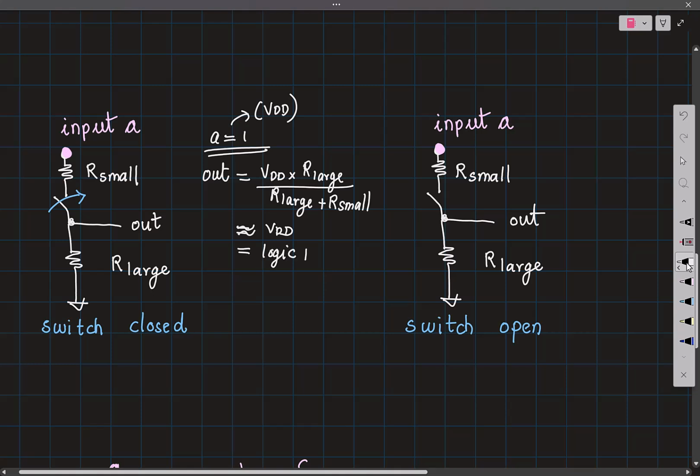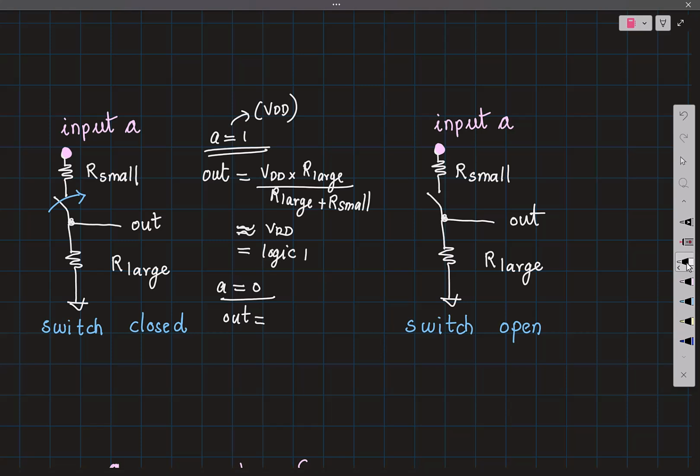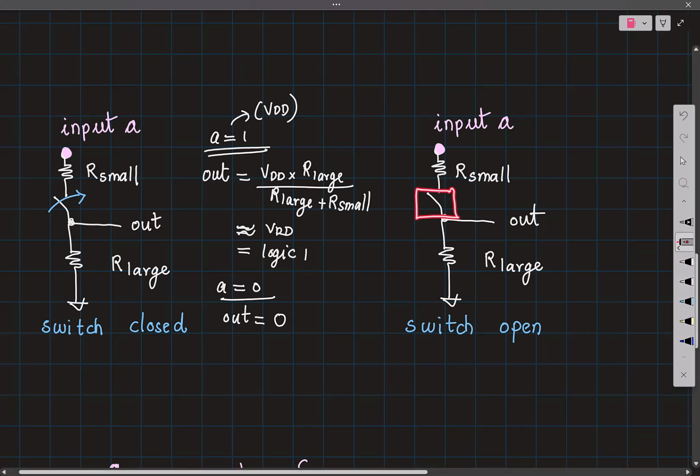Okay. Now, what if your input A was equal to 0? What is your output? A is 0, right? This is equal to 0. It is logic 0. Now let us consider what happens if the switch was open. When A equal to 1, what is the result?